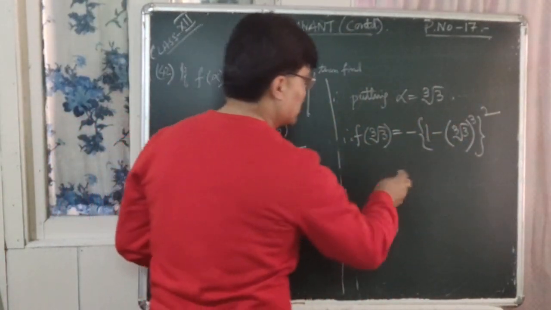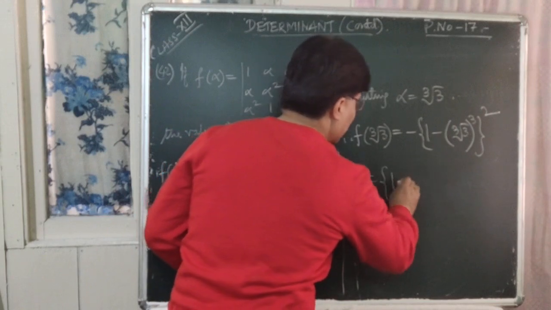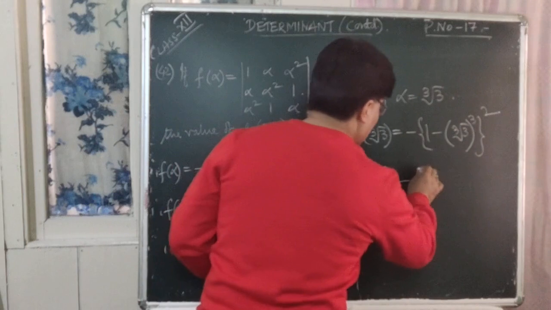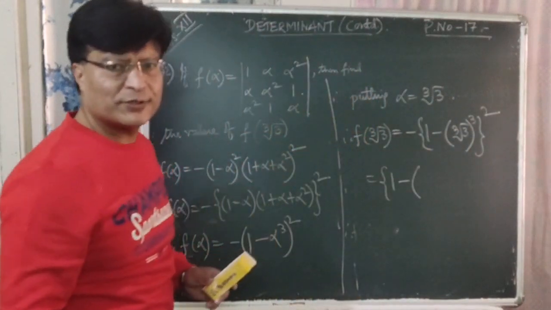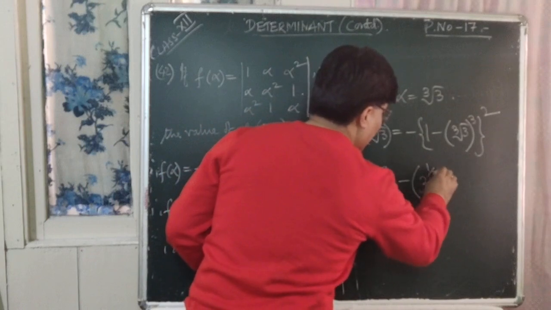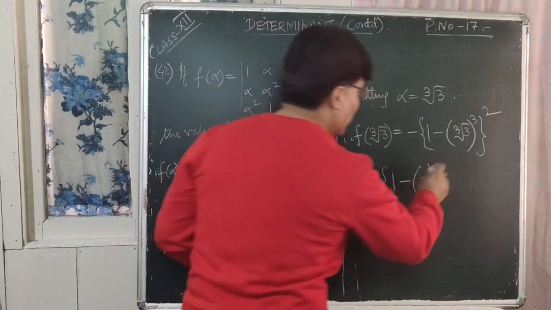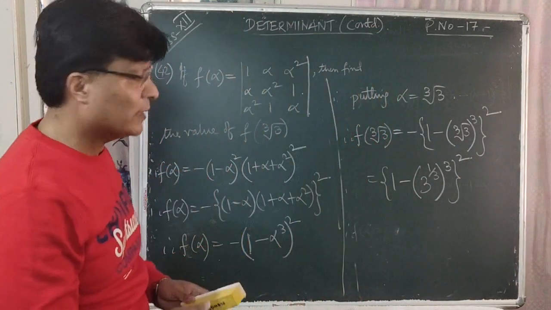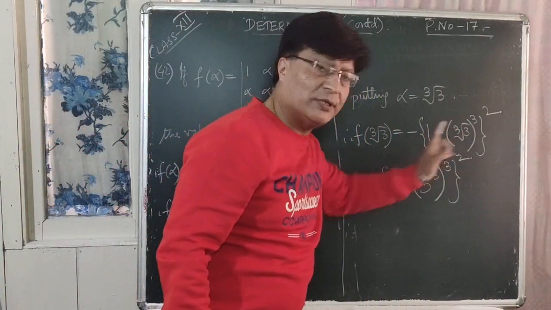So next, let us simplify it. Within second bracket 1 minus, what is cube root of 3 whole cube? Actually, cube root of 3 means, what is cube root of 3? It actually means 3 to the power 1/3. Whole to the power what? Cube. Second bracket closed, whole square. You should say cube root of 3, sir.